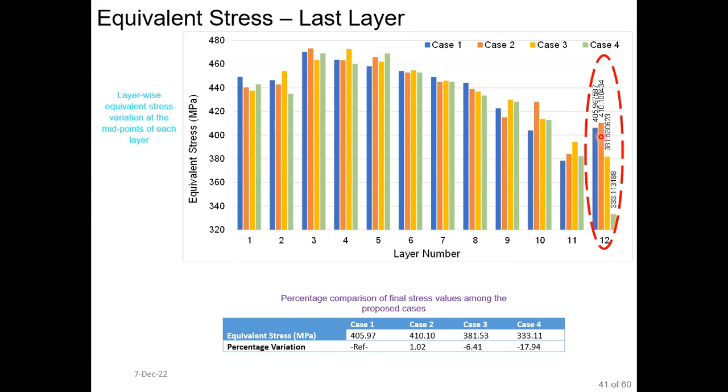In case 1, the value is around 406 megapascal. However, in case 4, it is around 333 megapascal. By considering the case 1 value as a reference, there is a slight increase of equivalent stress by 1.02% in case 2. However, a significant decrease of 6.41% and 17.94% in the equivalent stress has been observed in case 3 and case 4 respectively.